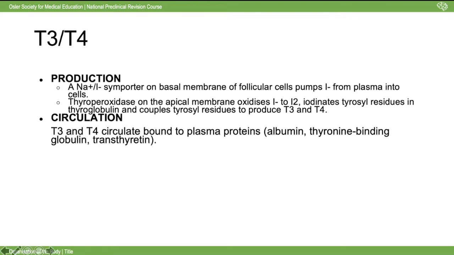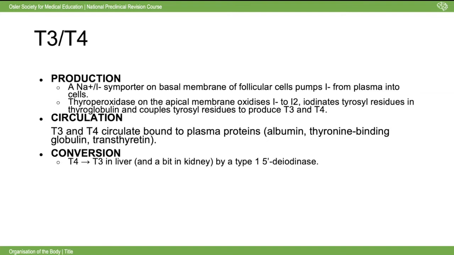T3 and T4 are bound to plasma proteins in the blood, and there are three that you need to know: albumin, thyroxine-binding globulin, and transthyretin. If you remember, T3 is the metabolically active form, so we need to convert T4 to T3. That's done in the liver by a type 1 5' deiodinase, and it also takes place in the kidney, but not as much.